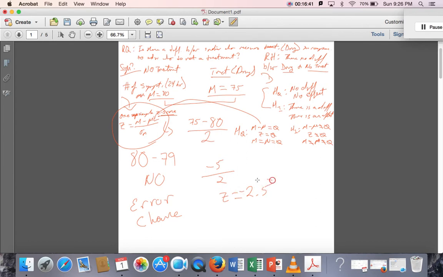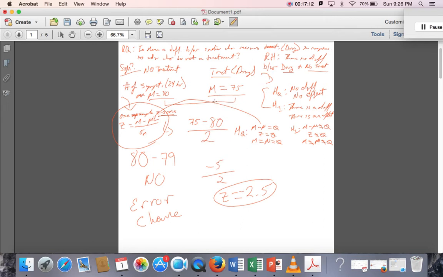In other words, the difference between a 75 to an 80 based on the standard error is negative 2.5. So in other words, my average of a 75 is 2.5 standard errors below the mean. So we interpret this z-score just as we did with our traditional z-score that we talked about in the previous chapters, that we said, okay, my z-score represents the distance of my score from the mean in terms of standard deviations.